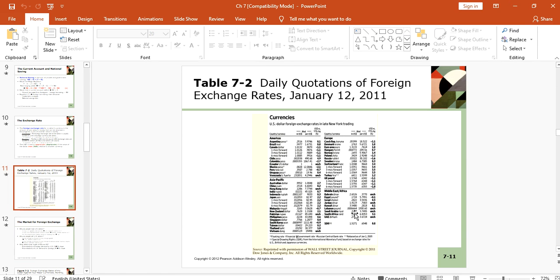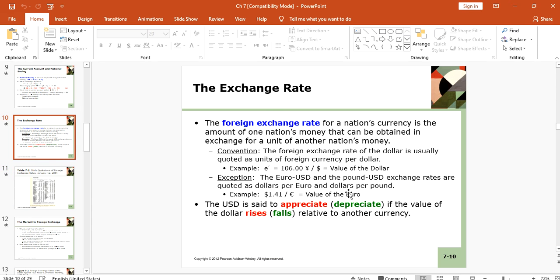So let's move to the second topic over here, exchange rate. What do we mean by exchange rate? Exchange rate is the value of the nation's currency in the amount of other nation's currency, money.